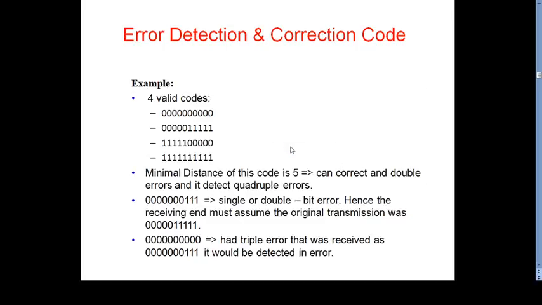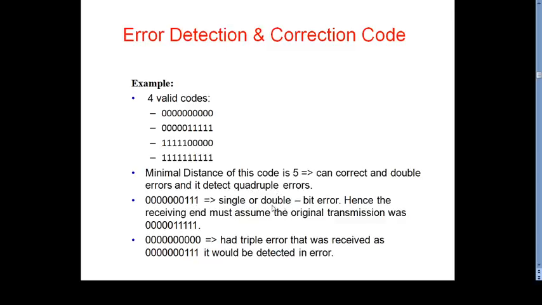For a better understanding of the Hamming distance, we take 4 different codes which are valid. The minimum distance is 5, so it can correct double errors and detect quadruple errors.